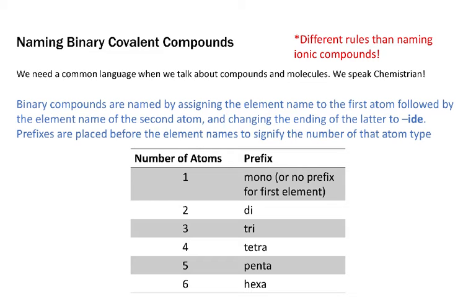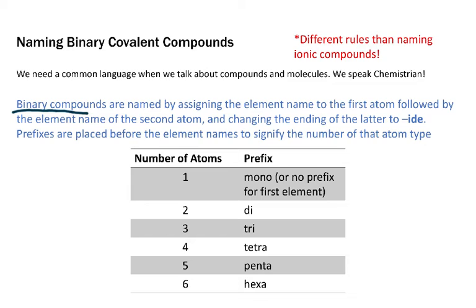So we introduce a new element to the naming, which are prefixes. Binary compounds, what we mean by that are just two elements. Binary compounds are named by assigning the element name to the first atom, so just the normal name of the element, followed by the element name of the second atom, and changing the ending to "ide," so the same as we did with ions.